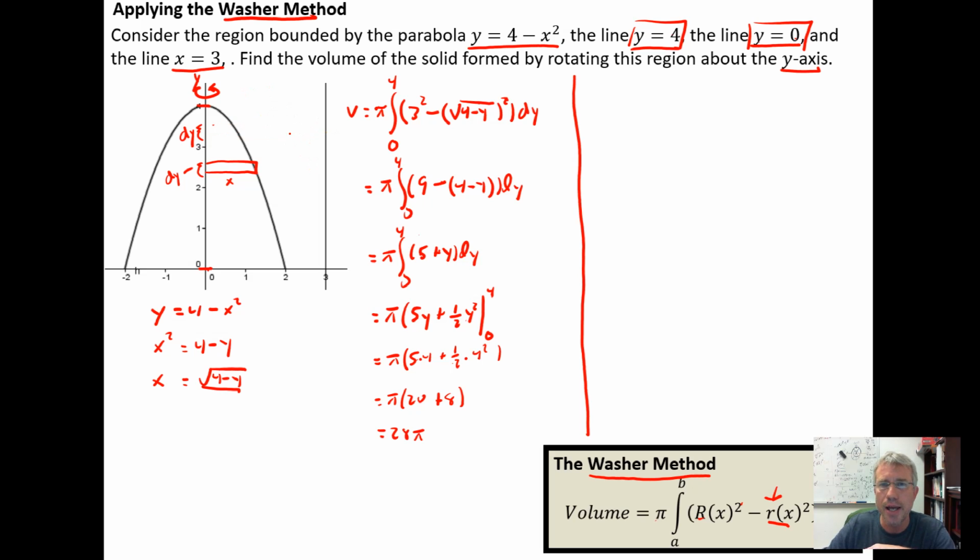If I look at the volume of the bounded region revolved around the y-axis, one thing I could recognize is that if I revolve the line x equals 3, and I don't worry about the parabola initially, if I just revolve that around the y-axis, I'm just going to get a big cylinder, right? I get a cylinder of radius 3 and height 4. And I know how to calculate the volume of a cylinder.